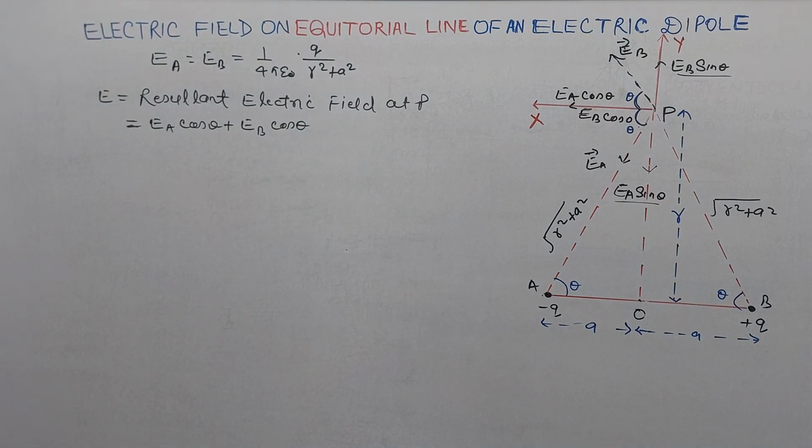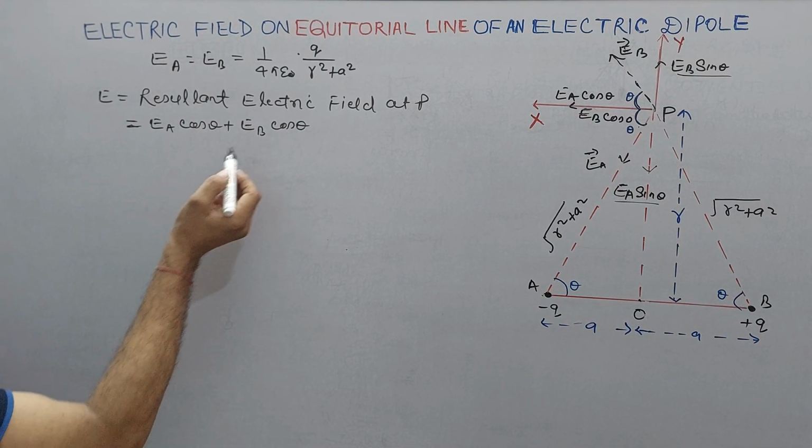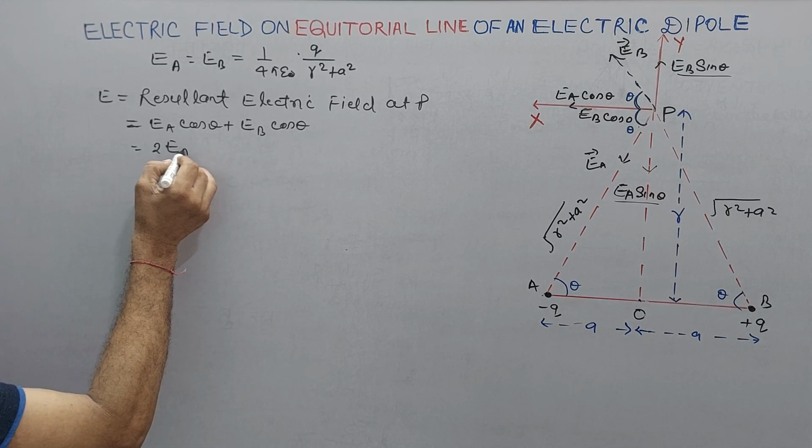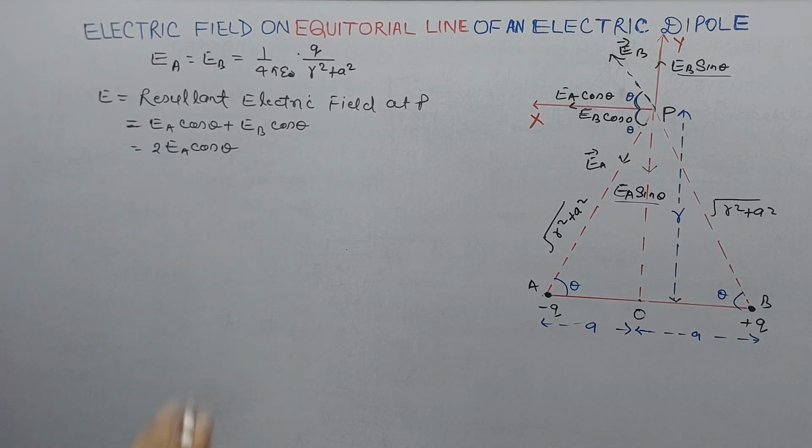Since EA and EB are both equal in magnitude, we take this as twice of either EA or EB. So this is the value.